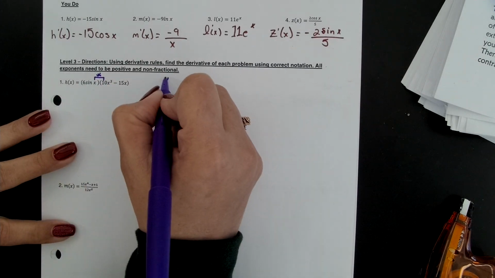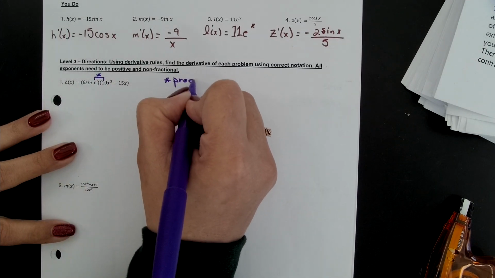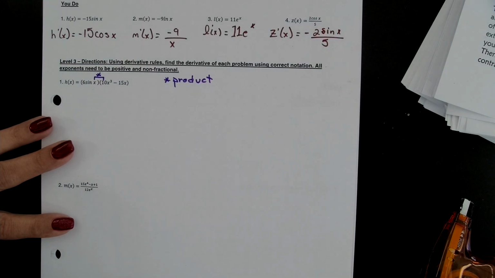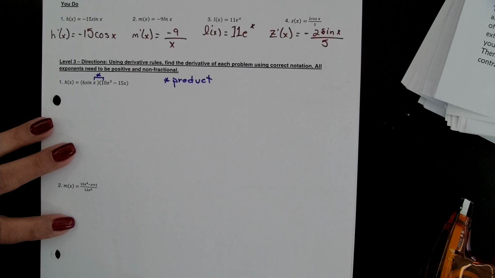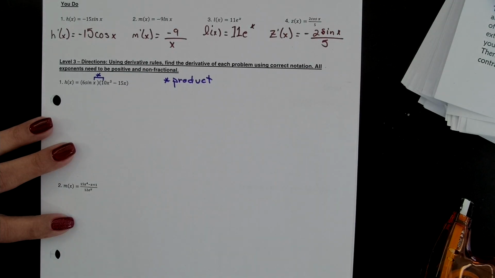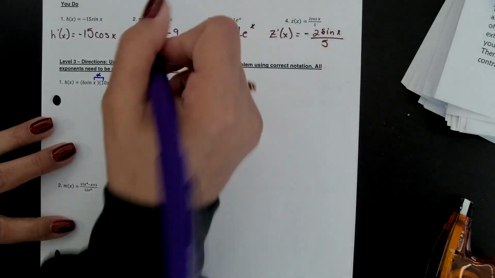So we're going to need to use product rule here. What other rule will I need to use that we use 99% of the time? Also starts with a P. Power rule.